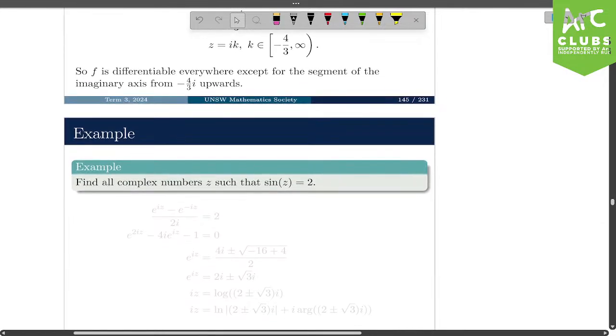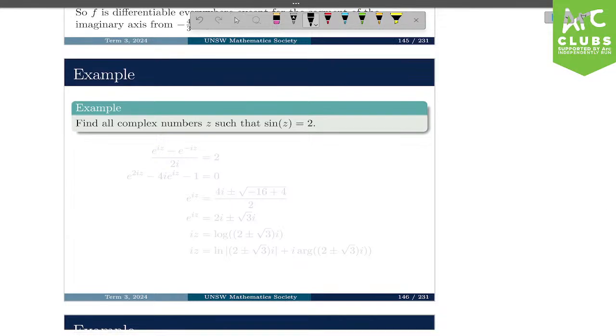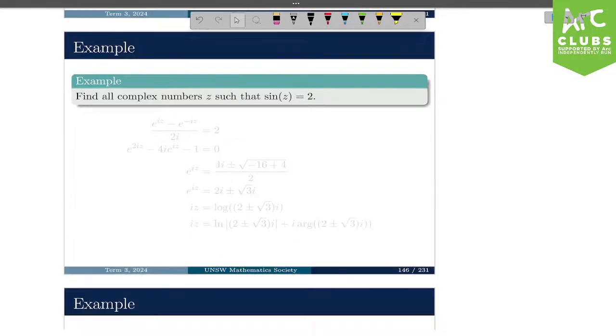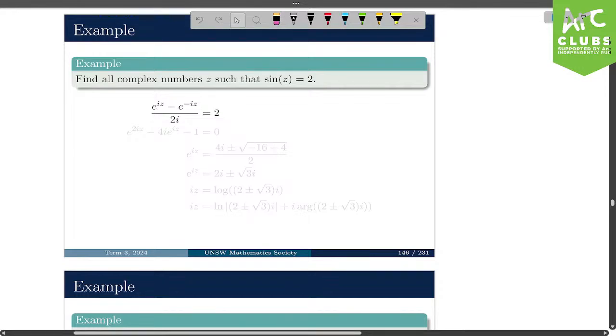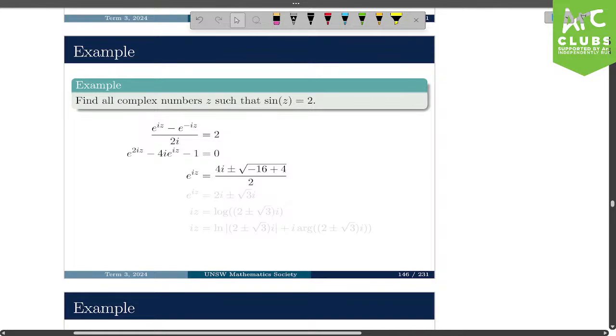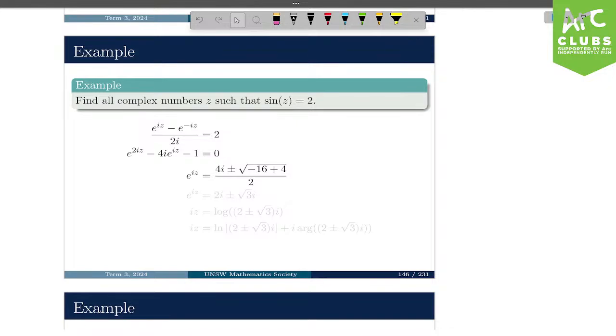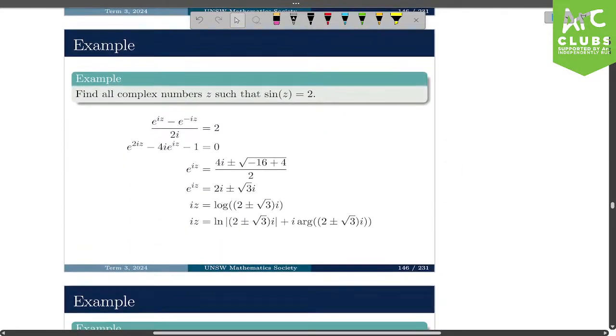Sounds fantastic. We have another example. This time it's using sine instead of sinh or cosh. Cosh, yeah. And you'll actually find, we immediately put it into a quadratic, because that is the nicest way to get rid of one of our groups of e to the iz, and then just solve the rest. It is pretty systematic, the way that we solve these.